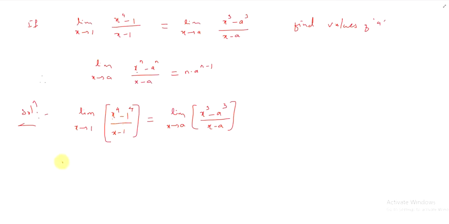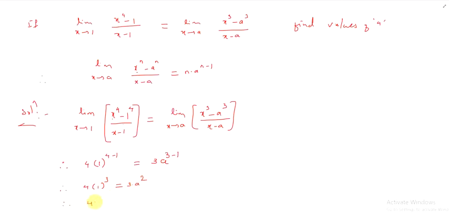So by using the standard formula, here n is equal to 4, a is equal to 1 raised to 4 minus 1, is equal to n is equal to 3, a is as it is raised to 3 minus 1. Therefore 4 into 1 raised to 3 is equal to 3 into a square.